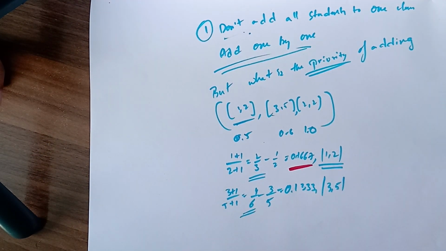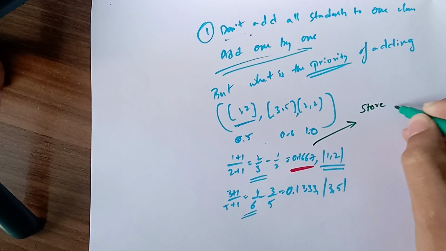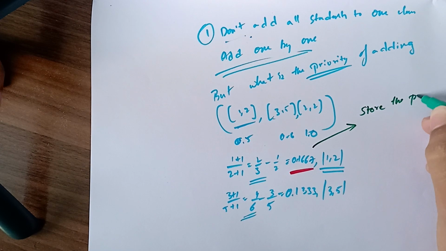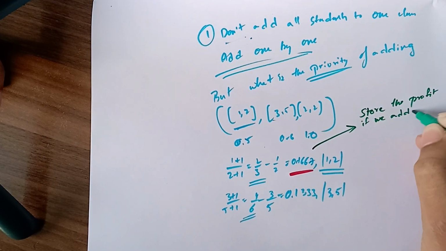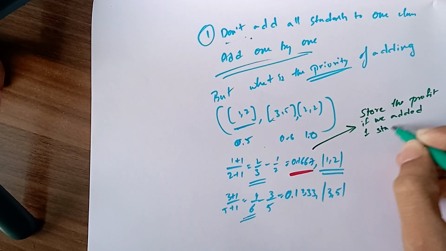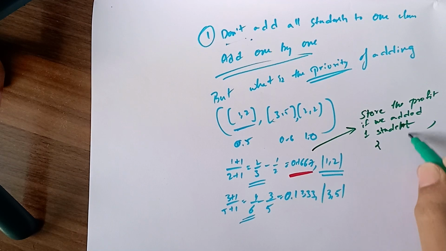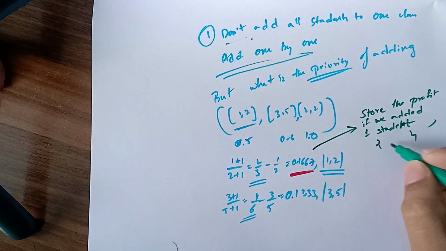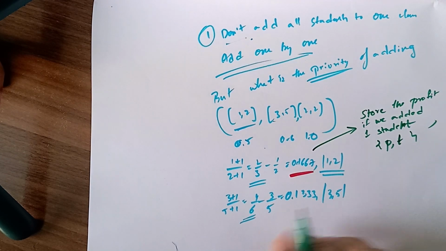So here we store the profit if we add one student, and after that we also store the passing students and total students.